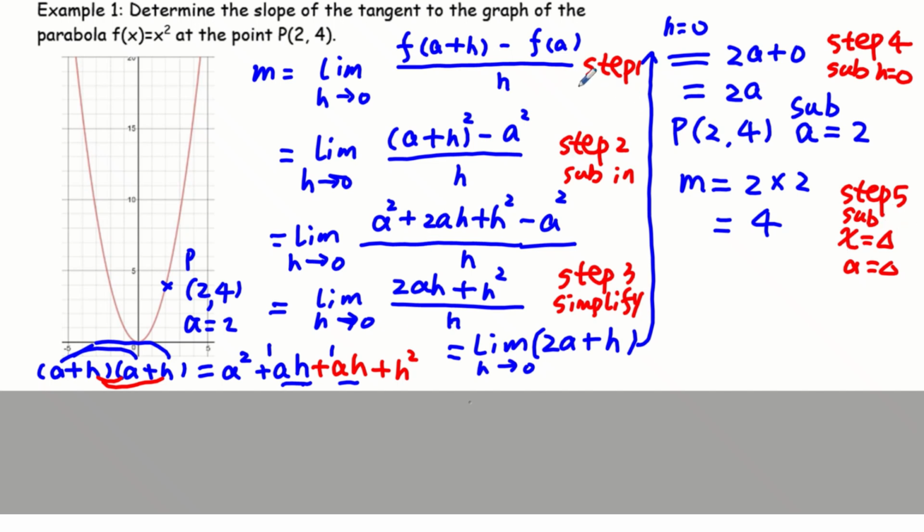Step 1, the definition of the slope of a tangent, okay?